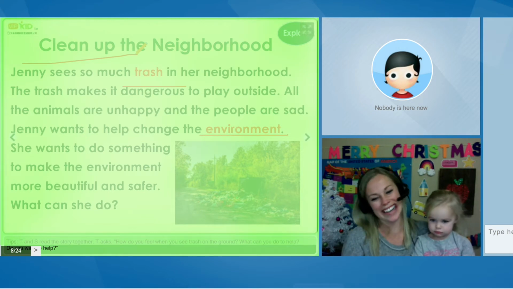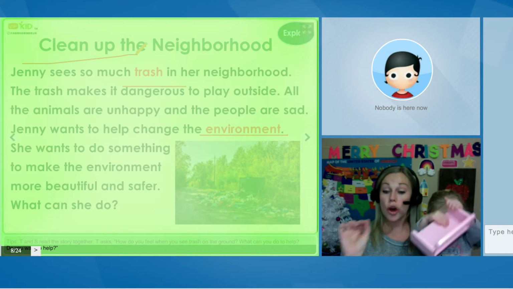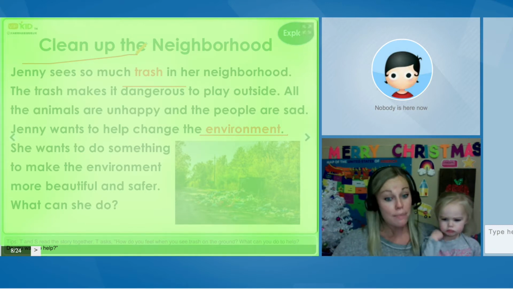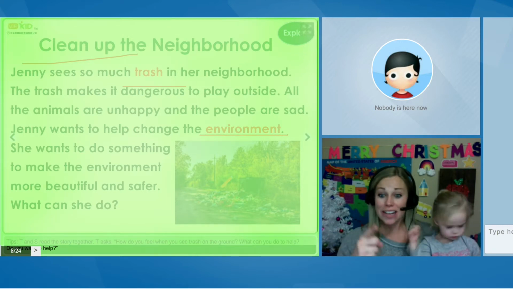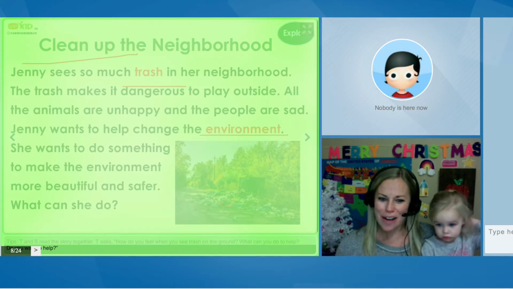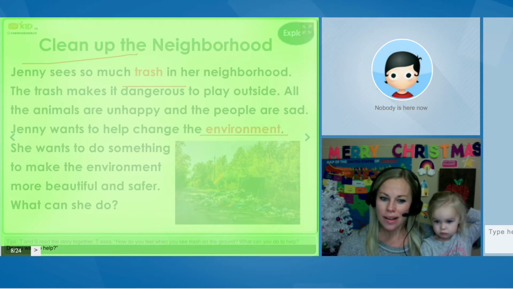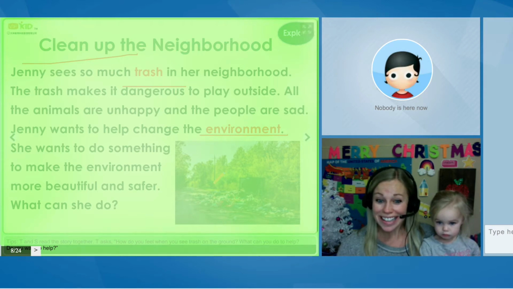She can't read. Now, after they read, and then I go through the words they mixed up or mispronounced, I can read the questions at the bottom. How do you feel when you see trash on the ground? Yes, it makes me feel bad too. What do you think we can do to help? Yes.